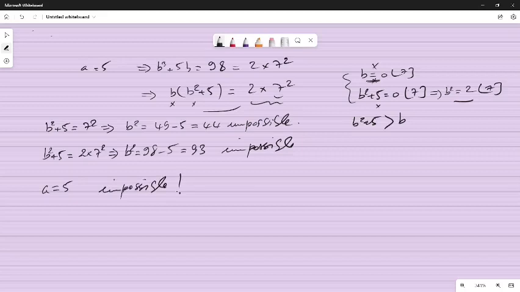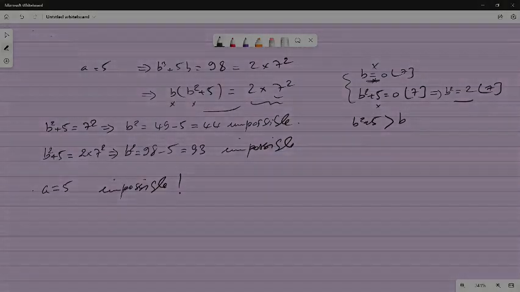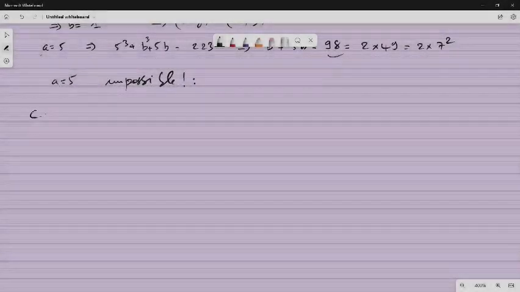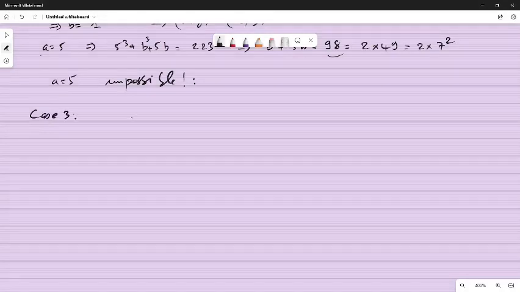And now we must go to the last case. The last case is when A is positive and B is negative. This is case 3.